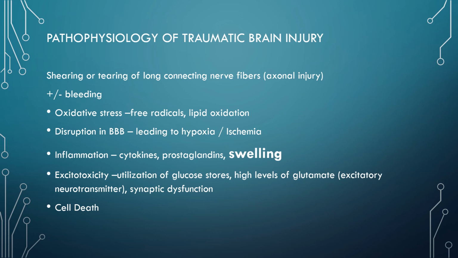Glutamate is released when the cells are damaged, and that can cause synaptic dysfunction, and you have a lot of electrical firing in the brain. If this injury is large and prolonged, you ultimately have cell death in the area that's damaged.